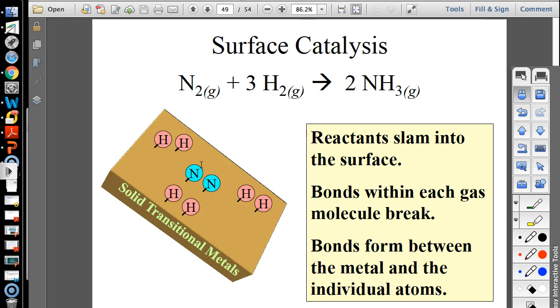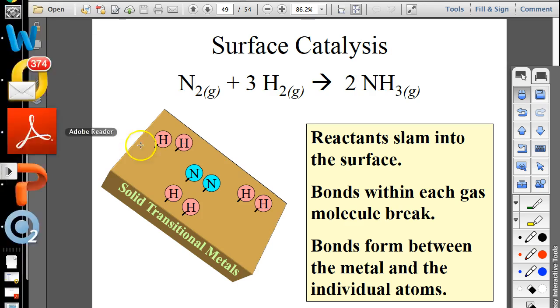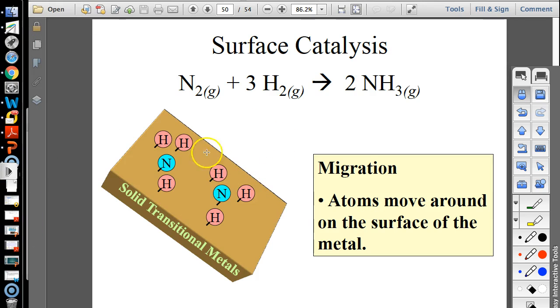So with a surface catalyst, the surface of the metal holds the gas particles on it. They're held there, and then bonds can be broken and new bonds can be formed more easily. Just like tying your shoe in the air versus tying it on the table. That's the surface catalyst.